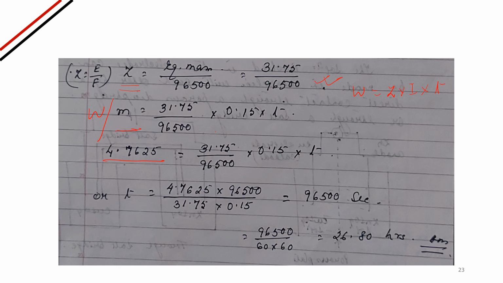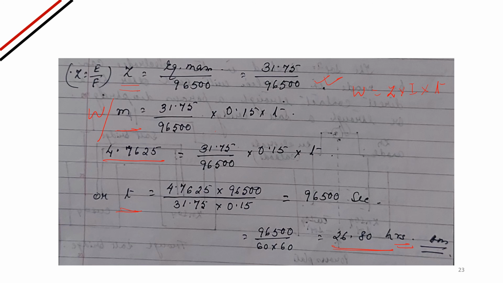Just put the values and find out the value of T. Because it is coming in seconds, convert it to hours. So it is coming 26.80 hours.